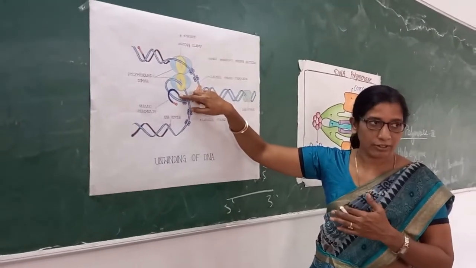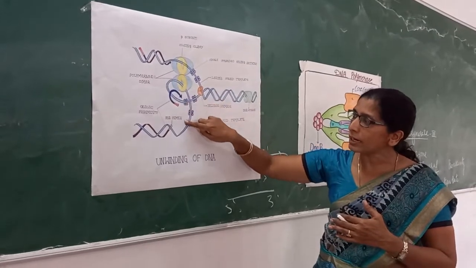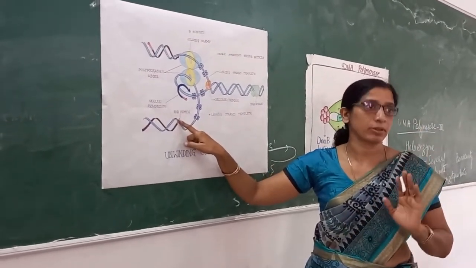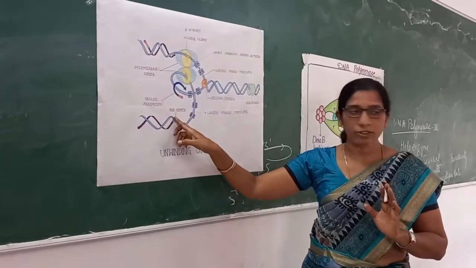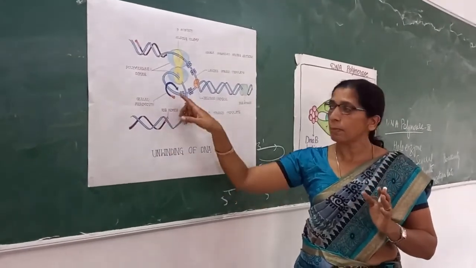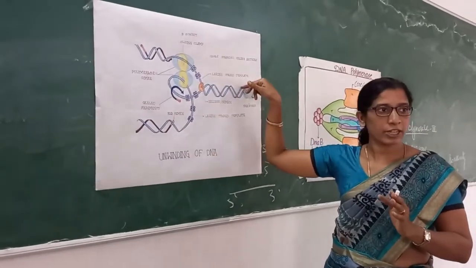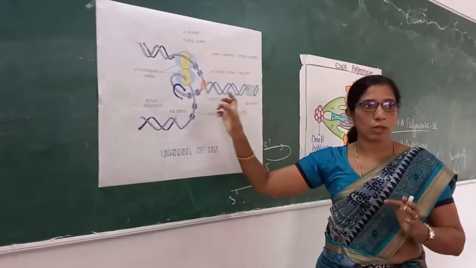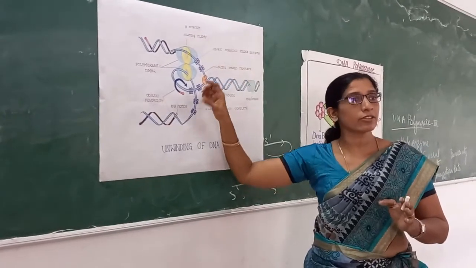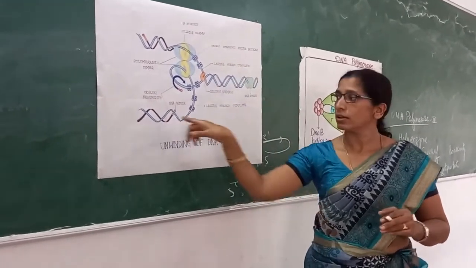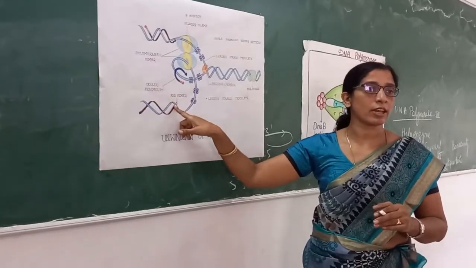If this is the second strand, it continues until it reaches the previously synthesized RNA primer. The moment it reaches the RNA primer, the process stops. As the leading strand goes on, it forms a loop again, and the third Okazaki fragment continues until it reaches the previously synthesized RNA primer.